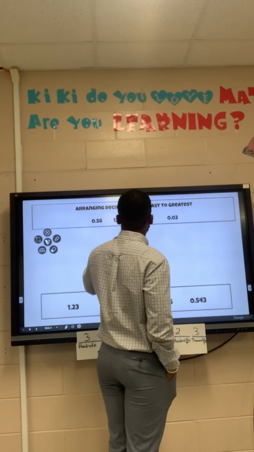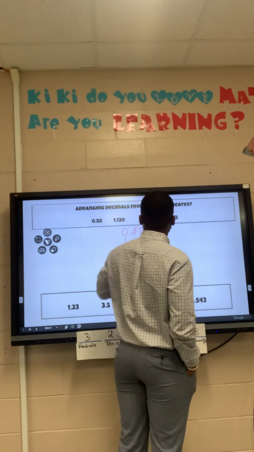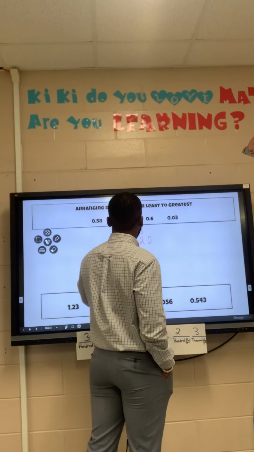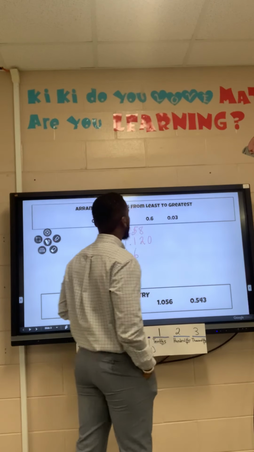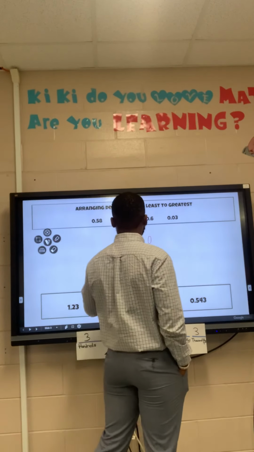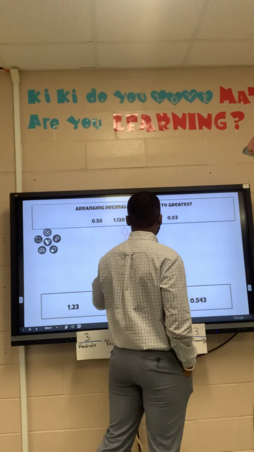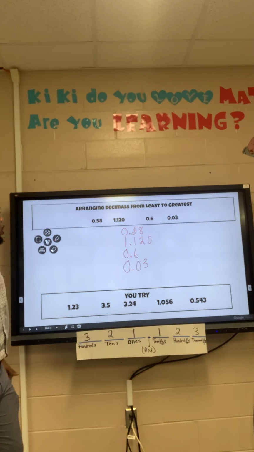Then we have 1 and 120 thousandths. Then we have 0 and 6 tenths. And then we have 0 and 3 hundredths. Those are our four numbers that we will compare.